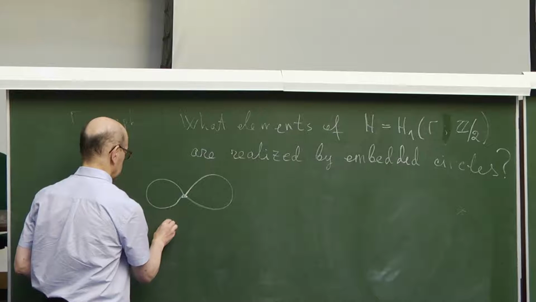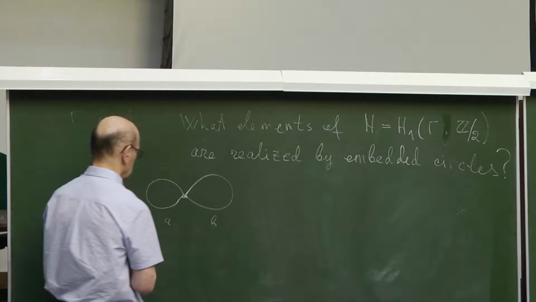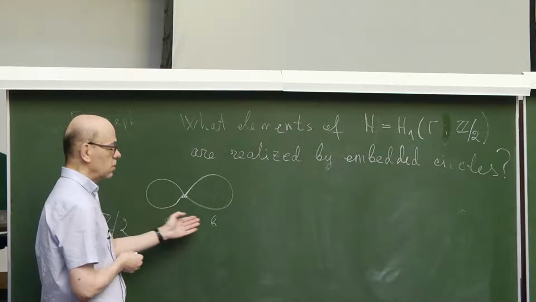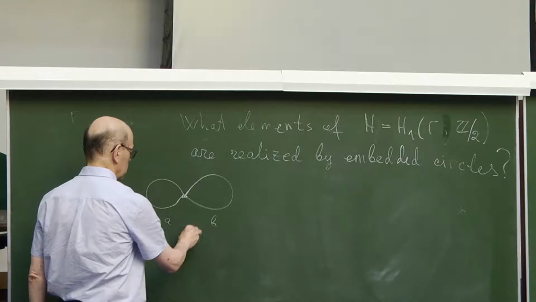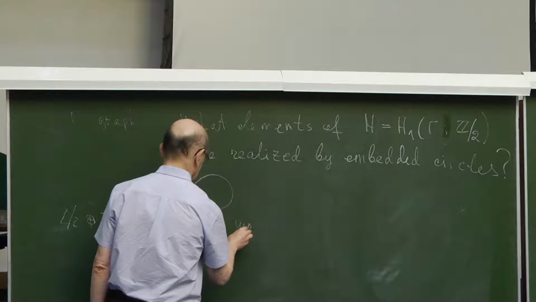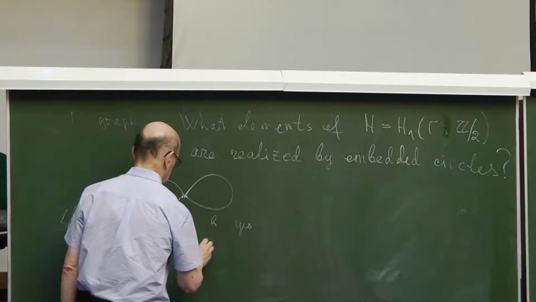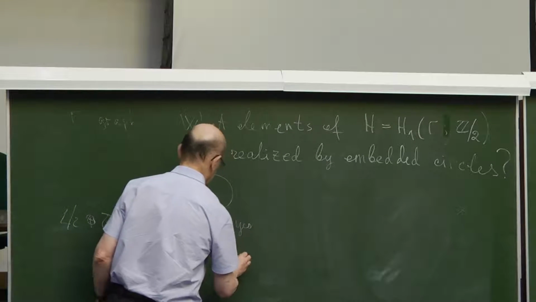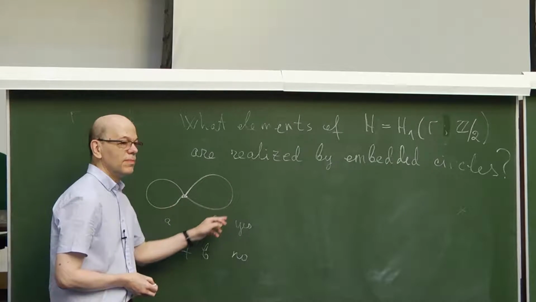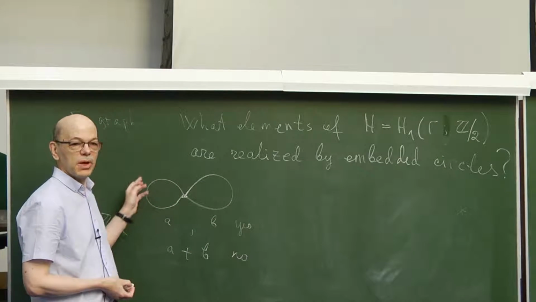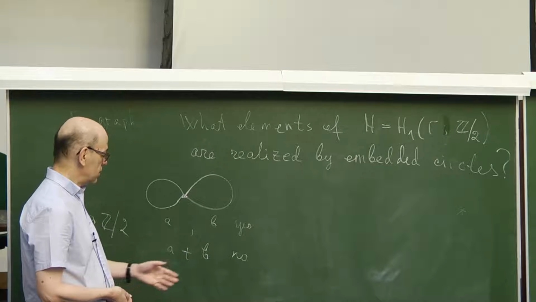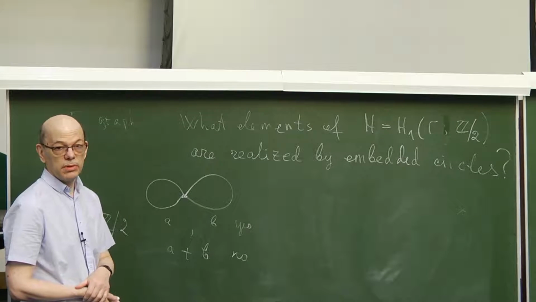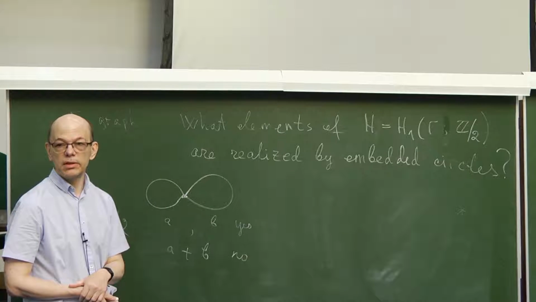So let these generators be A and B. So A and B obviously are represented by embedded circles. But their sum, no. Their sum is of course represented by a circle, but the circle is not embedded. And the zero class is never represented by embedded circles, so we may forget about zero.